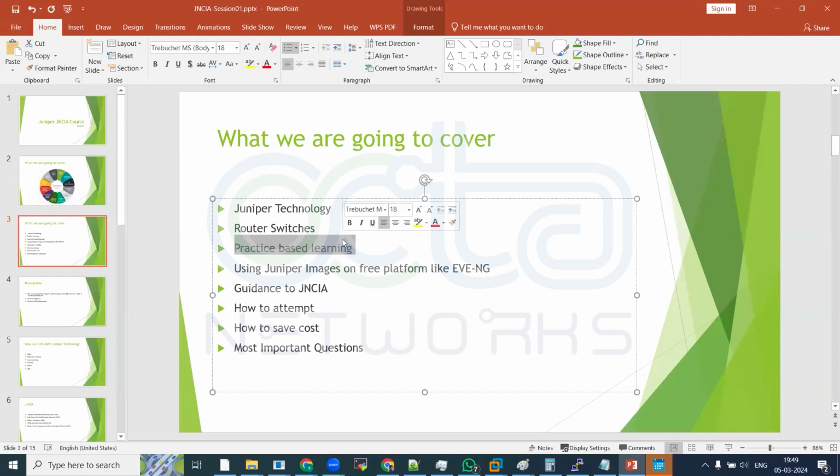For example, what is a default gateway, right? If I explain this theoretically, it's going to take too much time. But if we set up one small network and explain this practically, then it is very easy to explain. What do you think? Agree, guys?